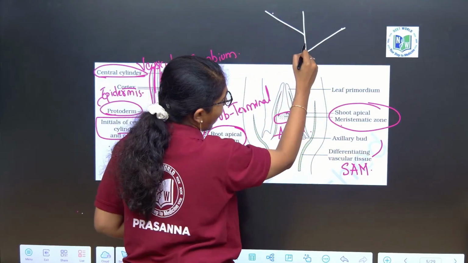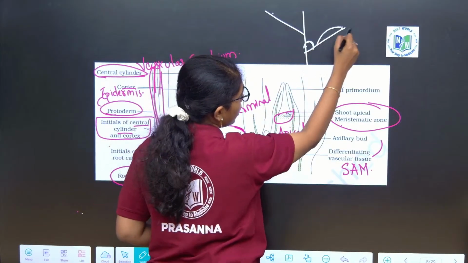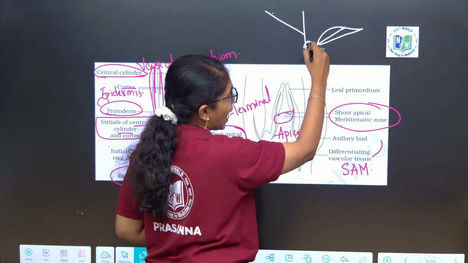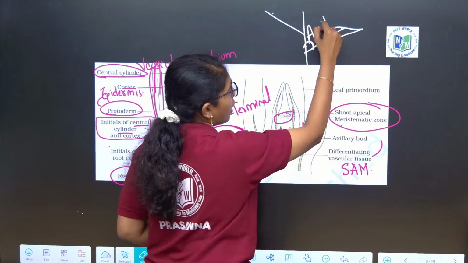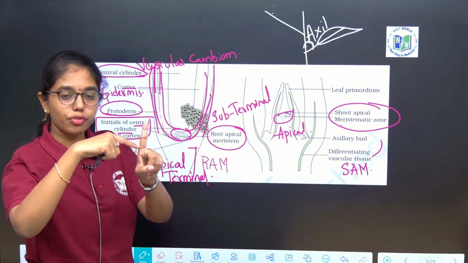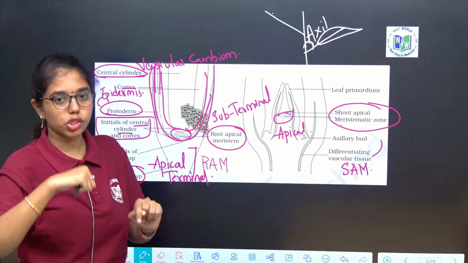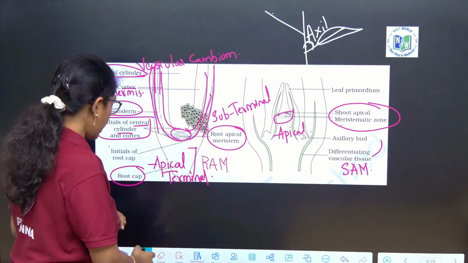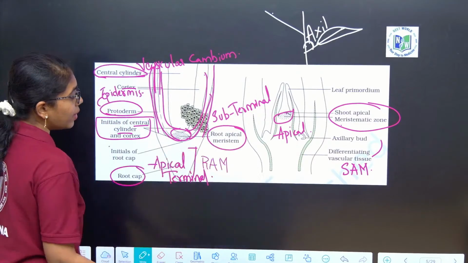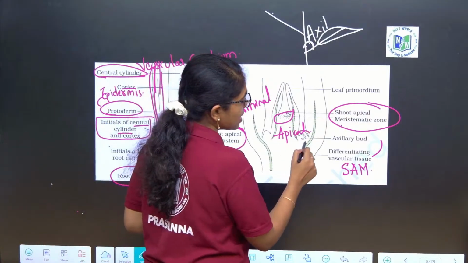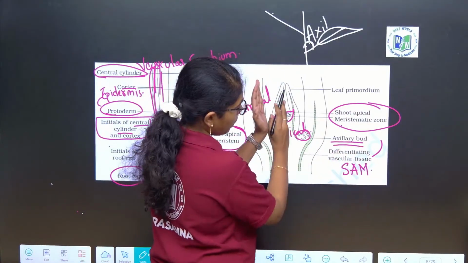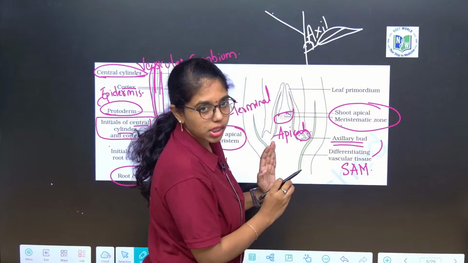The angle which is formed by the leaf and the stem is called what? Axil, right? In the axil region, a bud will be developed, which you call the axillary bud. See, here is the shoot apical meristem and here is the axillary bud.